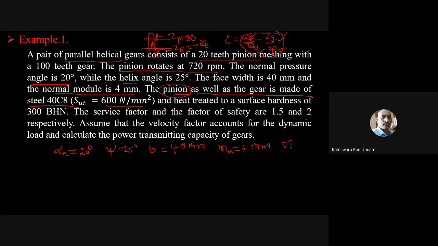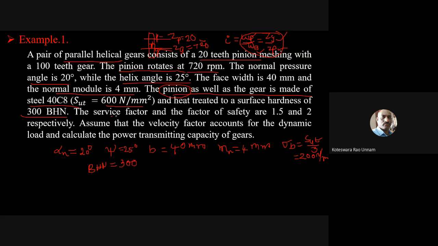Then allowable bending stress sigma B is nothing but SUT by 3, which is 200 MPa or 200 Newton per mm square. That is also given. Then it is heat treated to a surface hardness of 300 BHN, so the surface hardness of the gear tooth is also given.